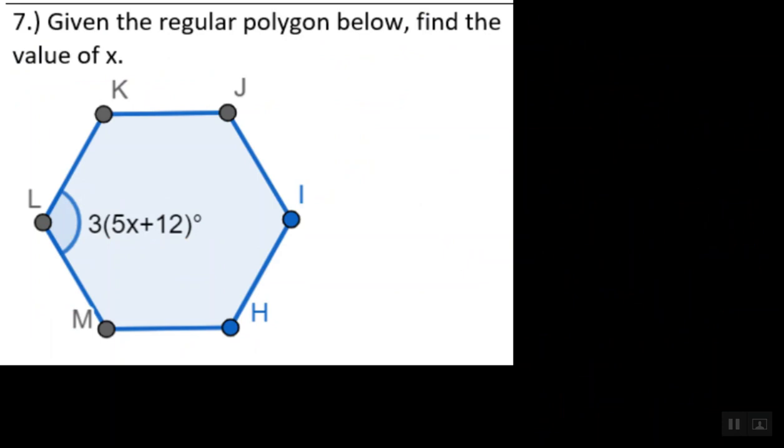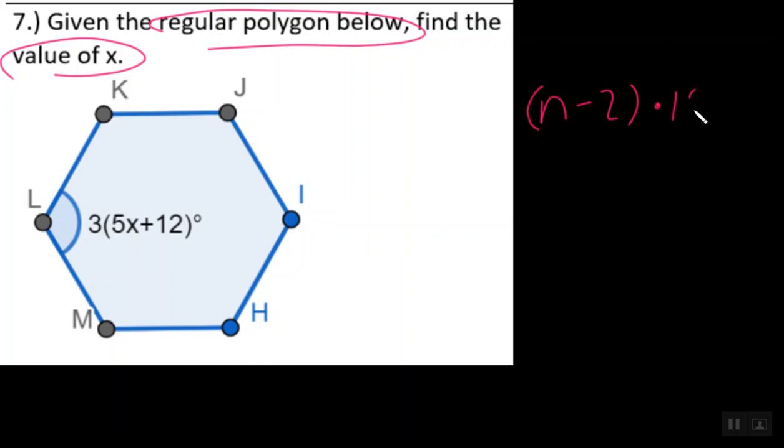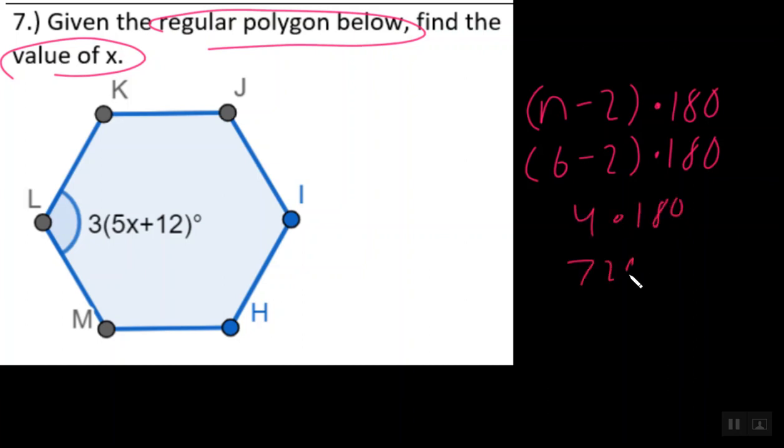Okay, for problem number 7, it says given the regular polygon below, find the value of x. Well, notice here we have a hexagon, and our formula for the total number of interior angles will always be n minus 2 times 180. Well, here we know that the hexagon has 6 sides, minus 2 times 180. 6 minus 2 will, of course, be 4 times 180, which is 720.